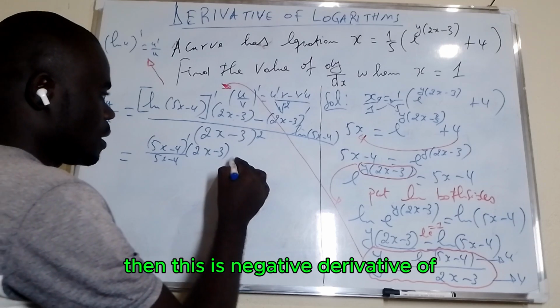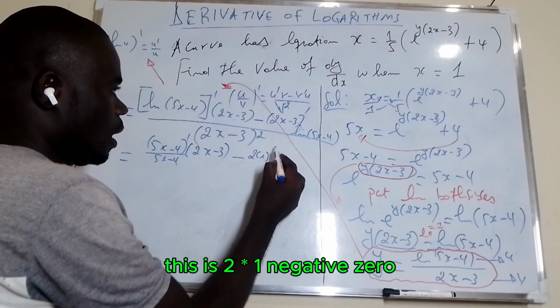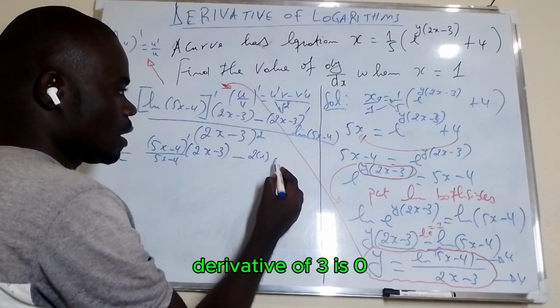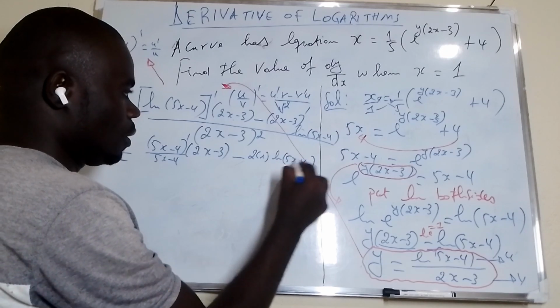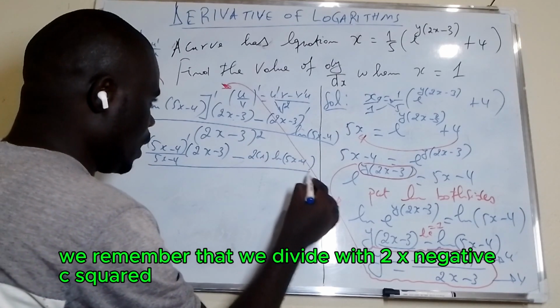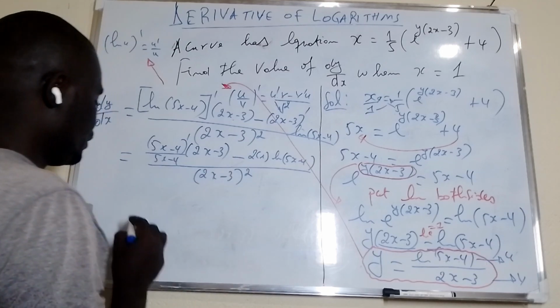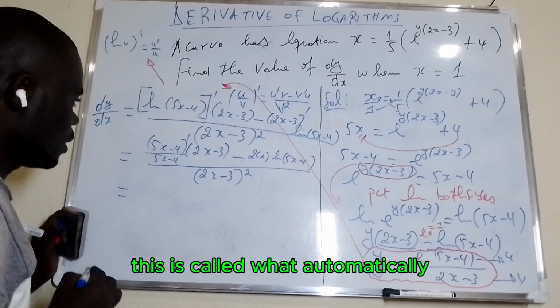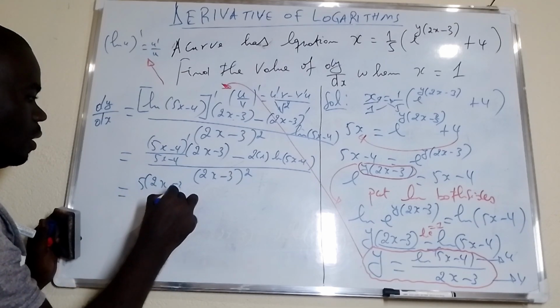Then, this is negative. The derivative of this is 2 times 1, minus 0. The derivative of 3 is 0, then times ln(5x - 4). We remember that we divide with (2x - 3) squared. This is equal to what? Automatically, this is equal to 5 times (2x - 3).